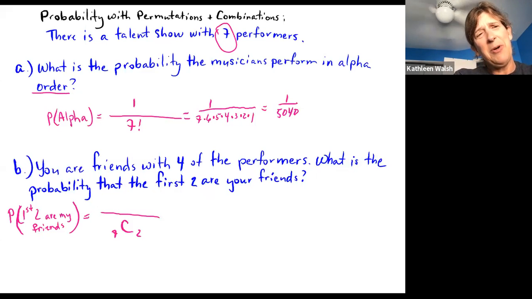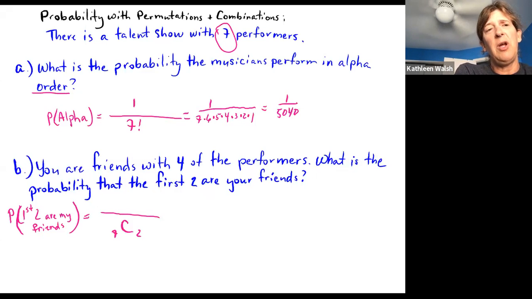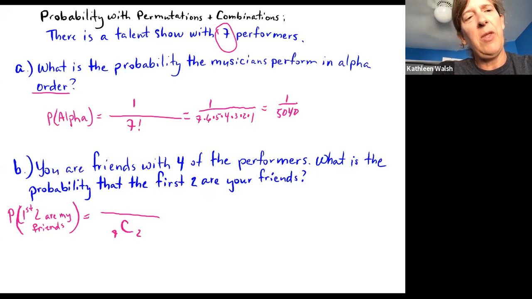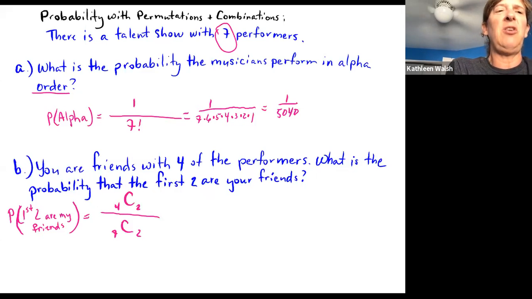Now I'm looking at my numerator. It says I have 4 friends, and the question asks, what's the probability that the first 2 are your friends? Well, that's my C 4 2, because that's the total possible combinations of 2 being selected from my 4 friends.